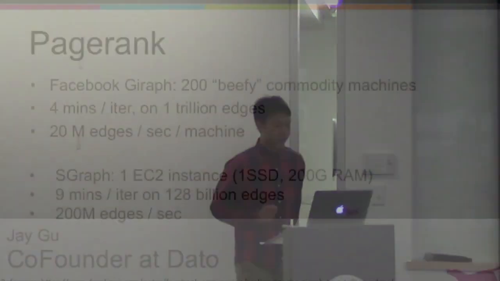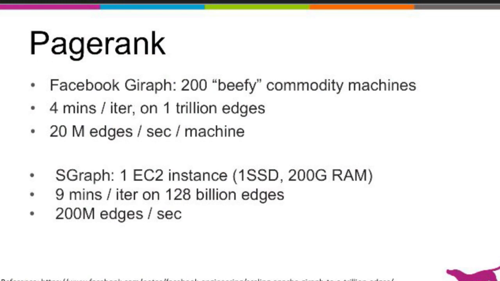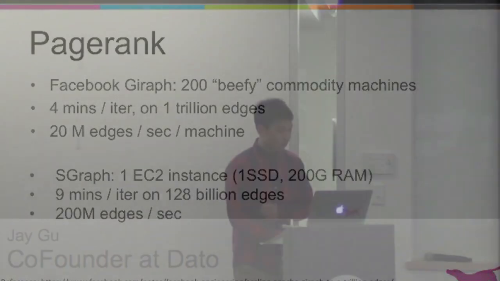I came back and did experiments on SGraph, which is our graph system, on a single EC2 instance with a little bit more RAM, 200 gigs. It takes 9 minutes per iteration to do PageRank on this graph with 128 billion edges. If we measure the throughput, it's 200 million edges per second, which is an order of magnitude bigger than what Facebook has.